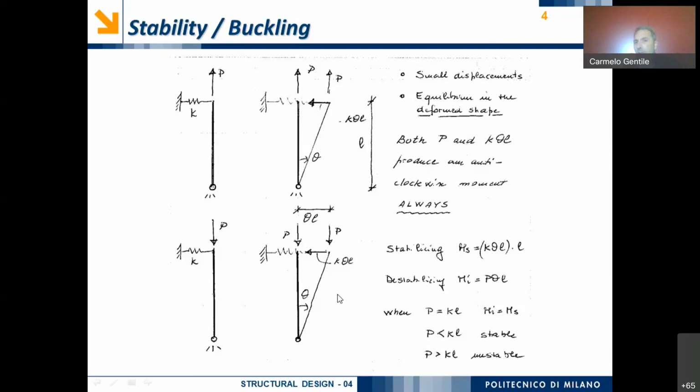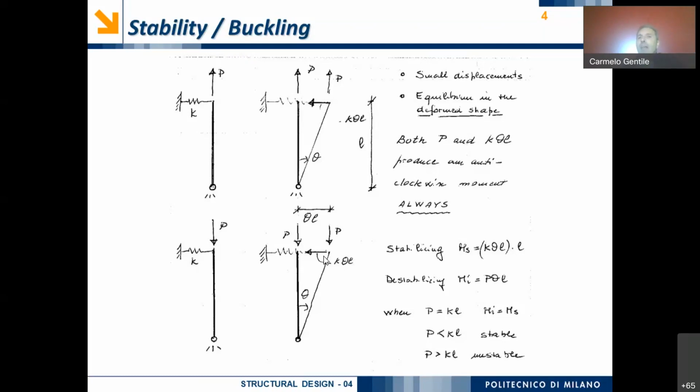On the other side, the force in the spring is a stabilizing force, in the sense that the corresponding moment tends to move back our beam or our column to the original equilibrium position. And the moment is anti-clockwise. So now we have a stabilizing action and a destabilizing action.